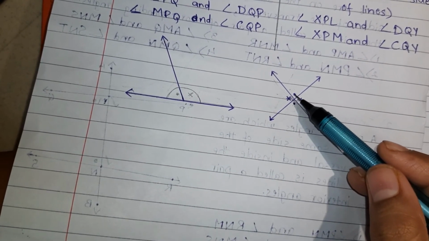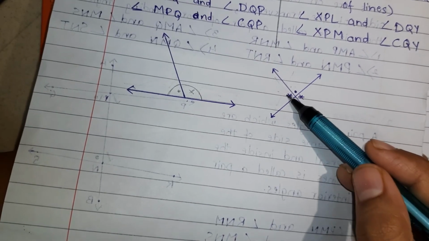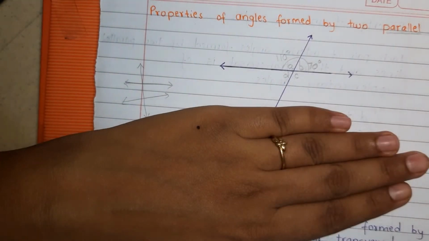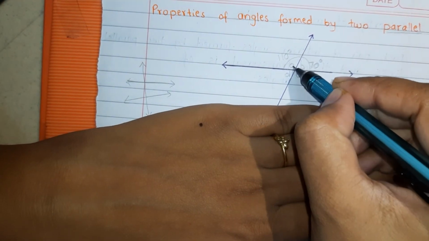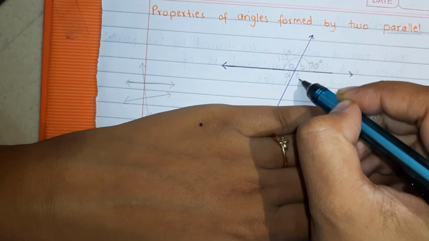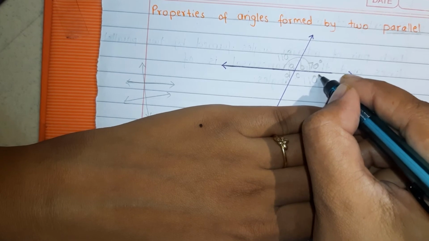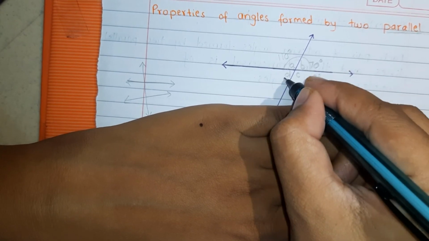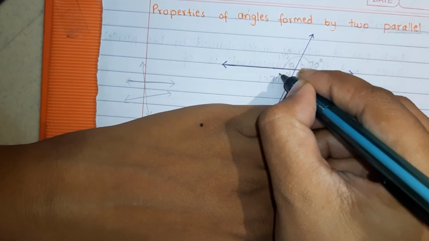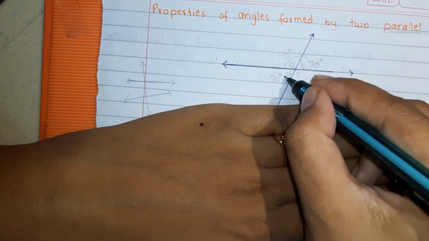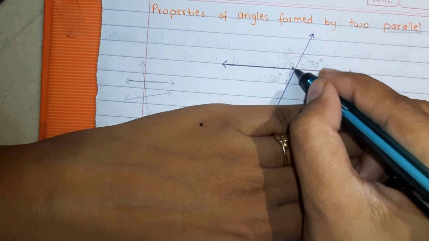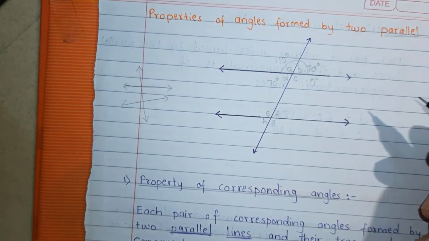And what is the property? Vertically opposite angles are congruent. So if A is 110, then C is 110 degrees, and if B is 70, then D also is 70 degrees. B and D vertically opposite, A and C vertically opposite.